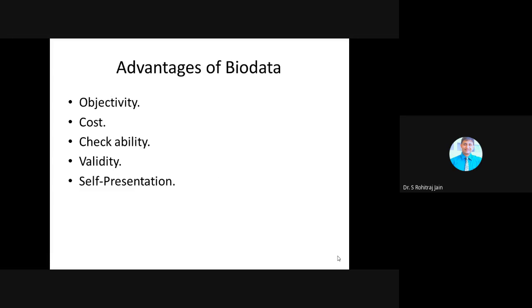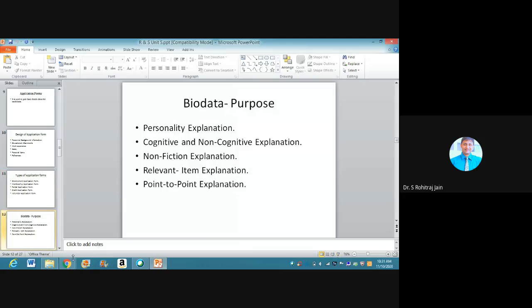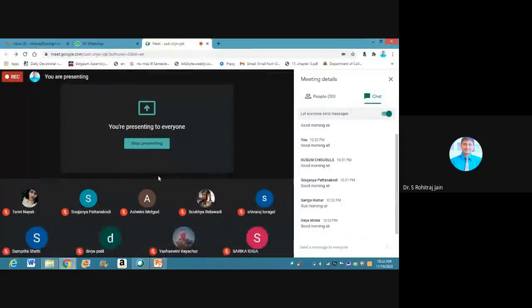Now students, after understanding all this, can anyone tell me the advantages and disadvantages of biodata, at least one? What do you feel are the advantages and disadvantages of biodata?